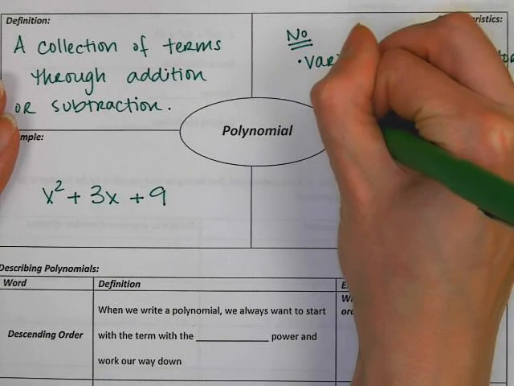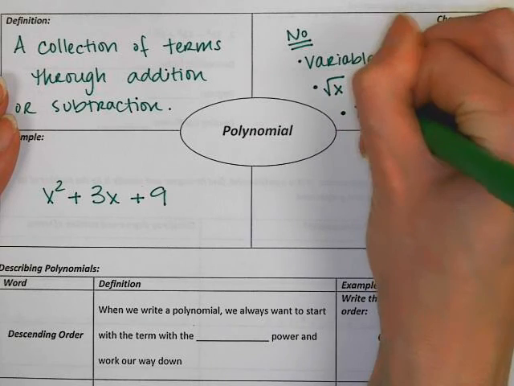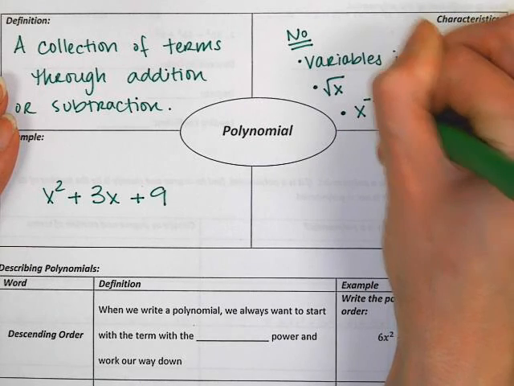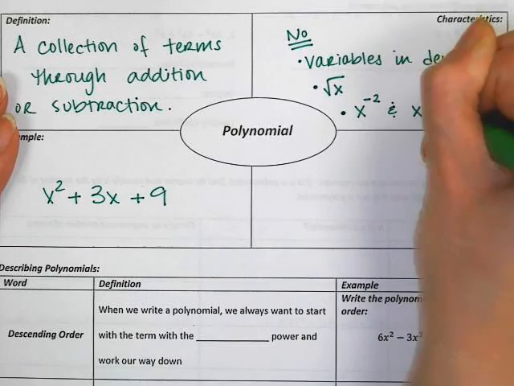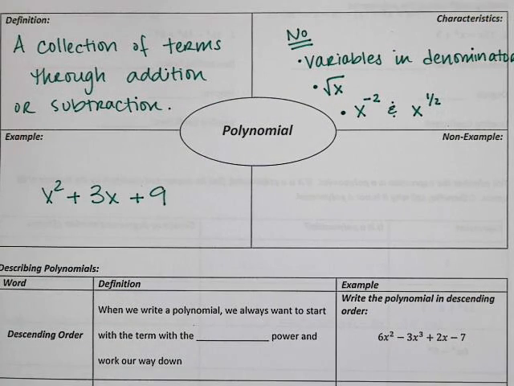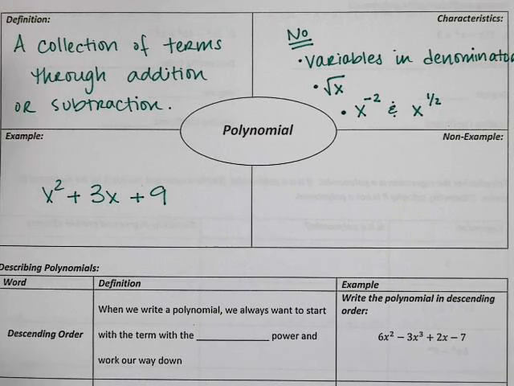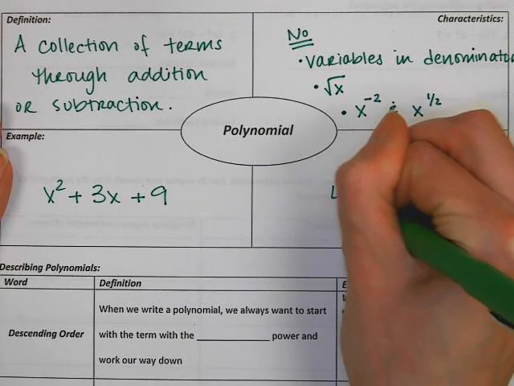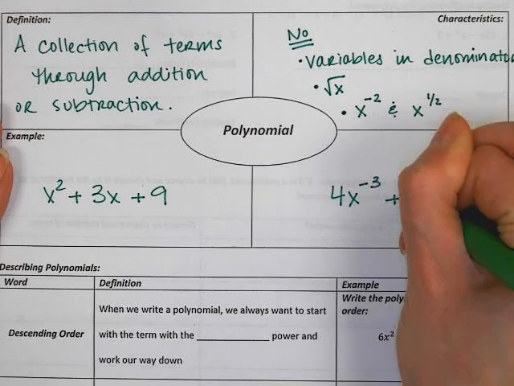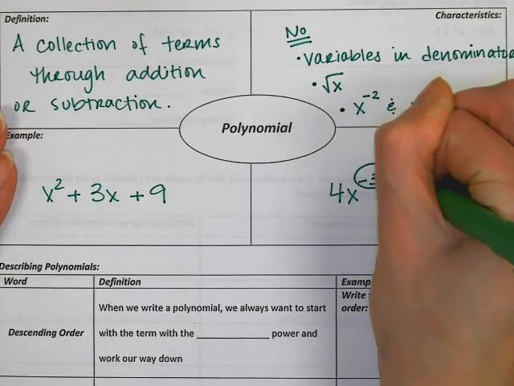There can also be no exponents that are fractions or negative, so no negative exponents and no fractional exponents. And then I think that's it. Non-examples are some of these. A non-example could be 4x to the negative 3 plus 8. This would not be a polynomial because you have a negative exponent.